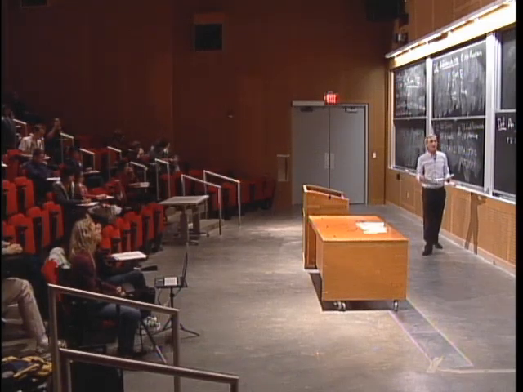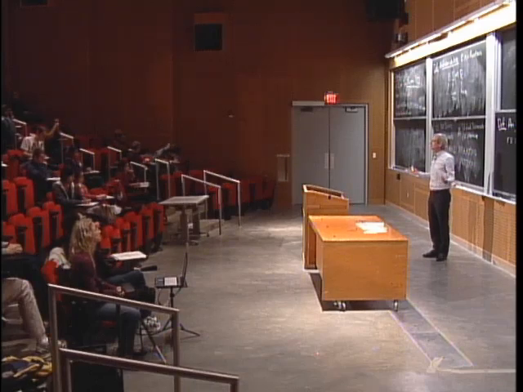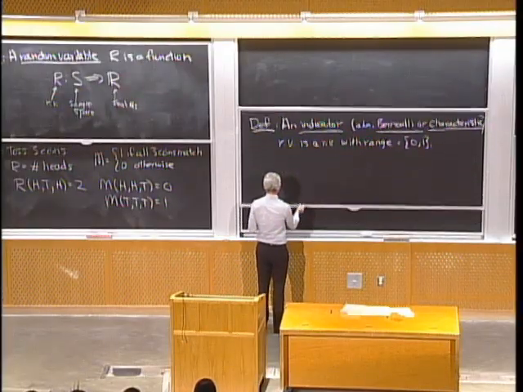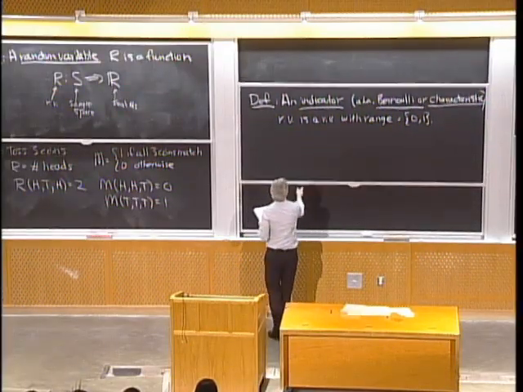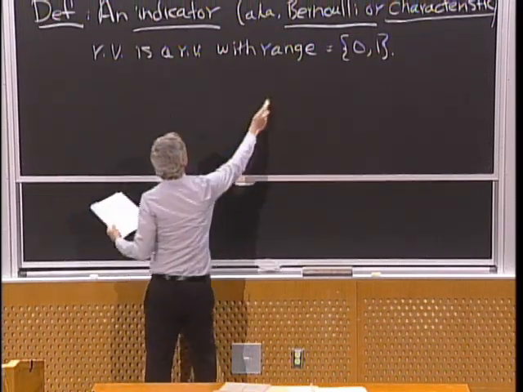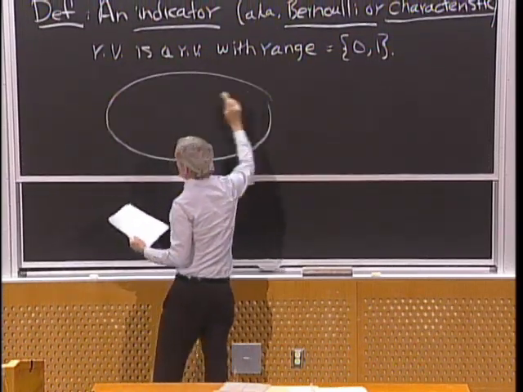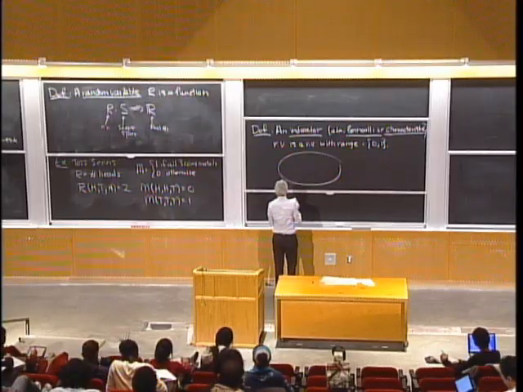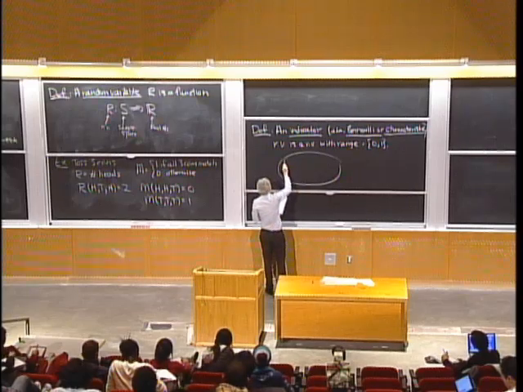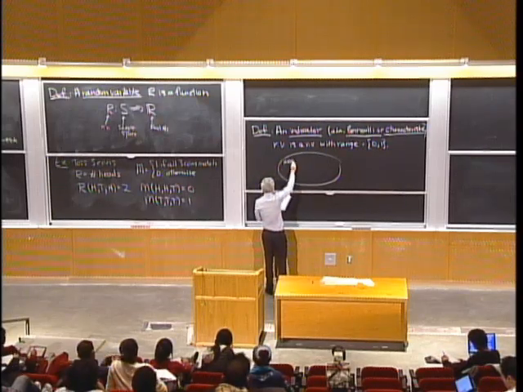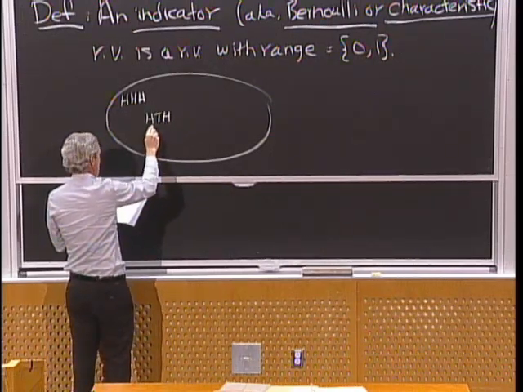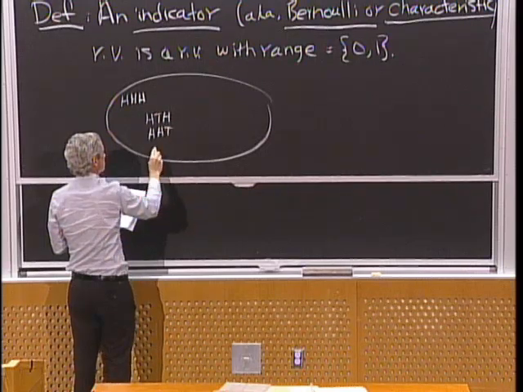Now, in general, a random variable can define a partition on the sample space. For an indicator random variable, it defines a partition with two blocks. For example, say we look at the sample space with the 3 coin tosses. There's 8 outcomes. There's heads, heads, heads. Heads, tails, heads. Heads, heads, tails.